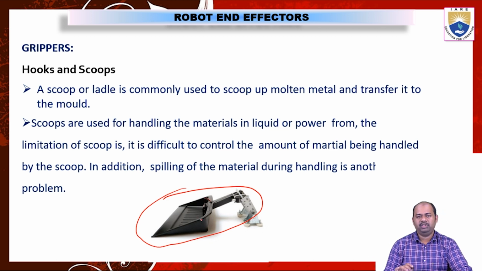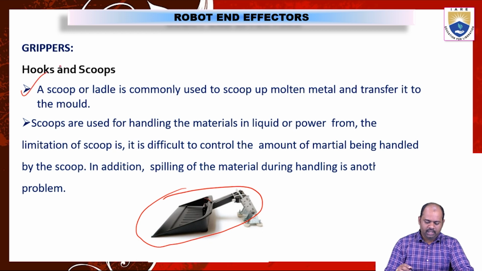This must be used for very small displacements. When we want to move objects over a small distance or a small path, then this is very useful. Using this scoop for a large displacement is not at all recommended.